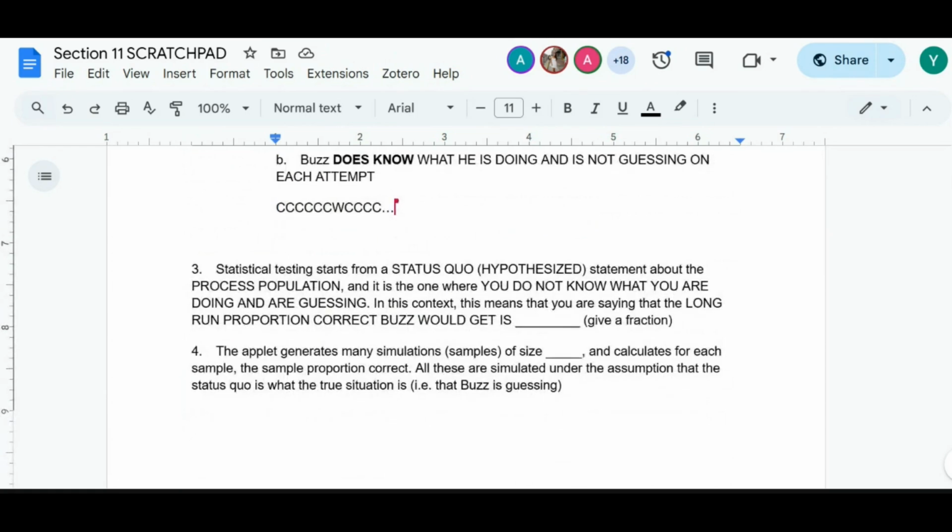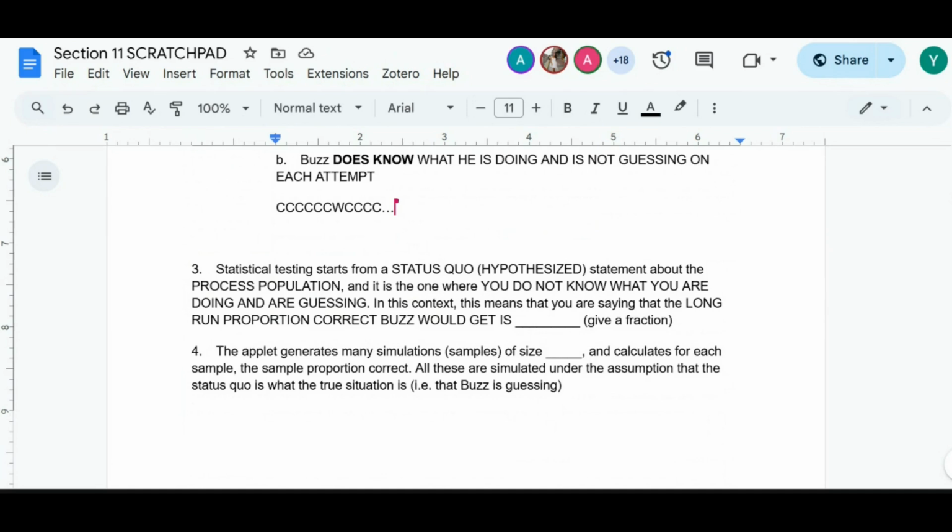Every statistical test starts from a hypothesized statement about the parameter. Remember, we don't hypothesize about the statistic. There's no need. You know what the statistic is. You make a hypothesis, a status quo original statement about the parameter from the start.